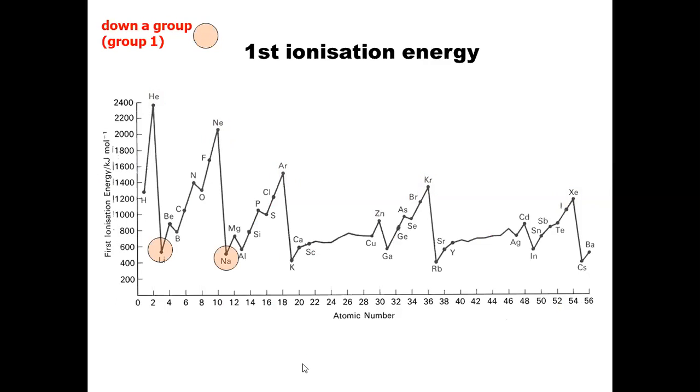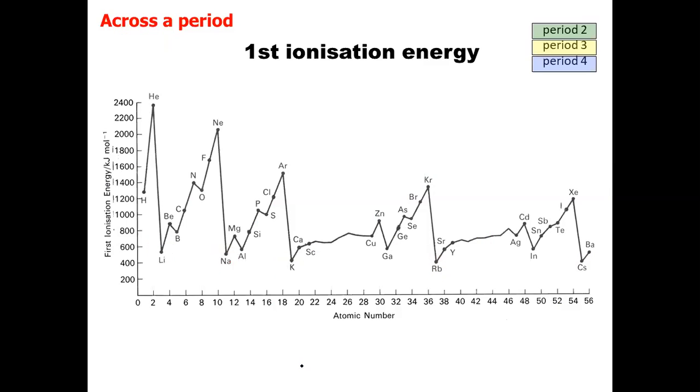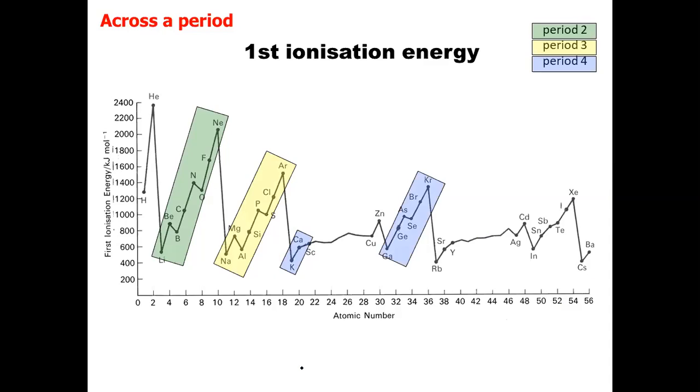Then group 1, you can see there's also a general decrease. Okay. Now, what about across the period? The general trend across every period is that ionization energy goes up. And you can see that the exceptions would be analogous in each of these, isn't it?